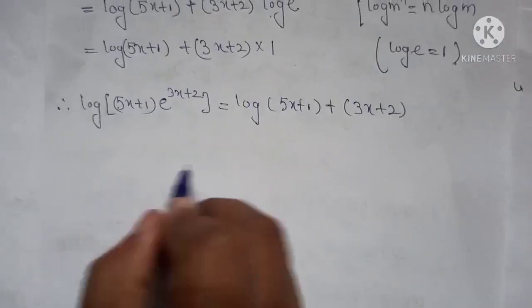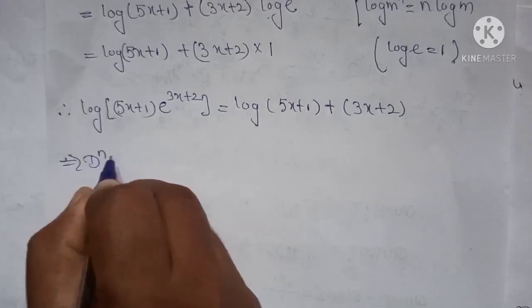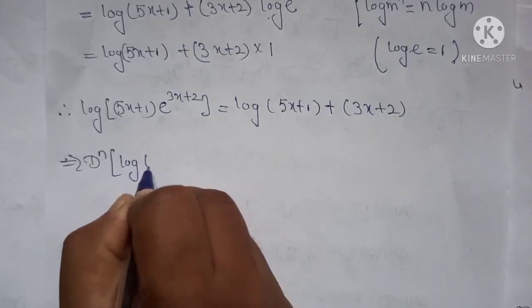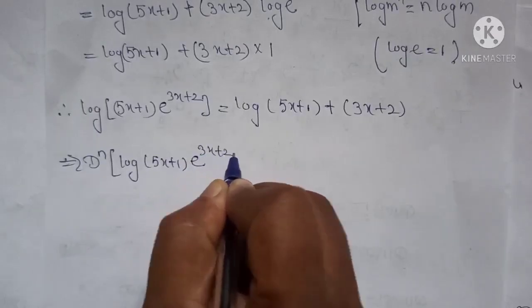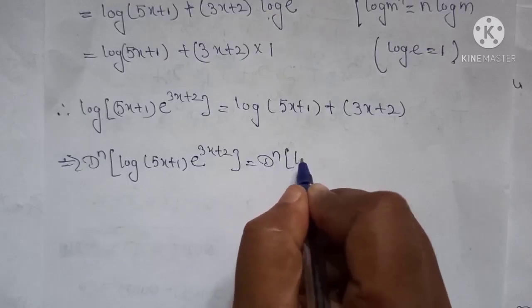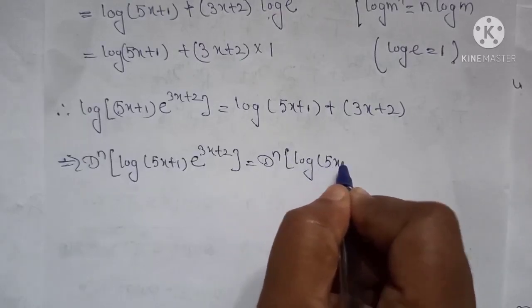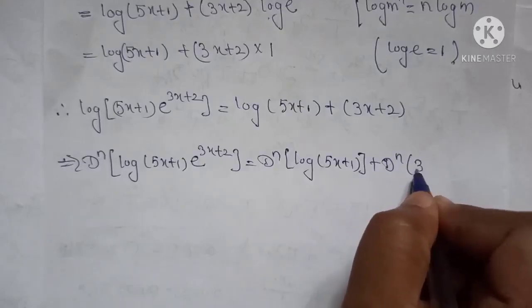Now we apply the nth derivative. The nth derivative of the given function is equal to the nth derivative of log of (5x + 1) plus the nth derivative of (3x + 2).